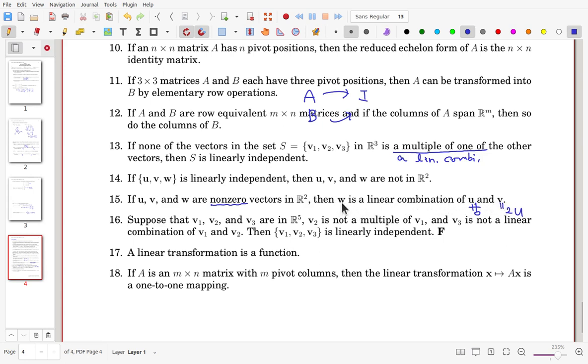If we choose w independent from u, then this statement will be false. More explicitly, w is e2, that is 0 and 1, and u is e1, and v is twice of e1.